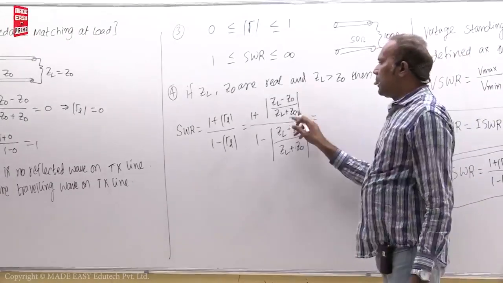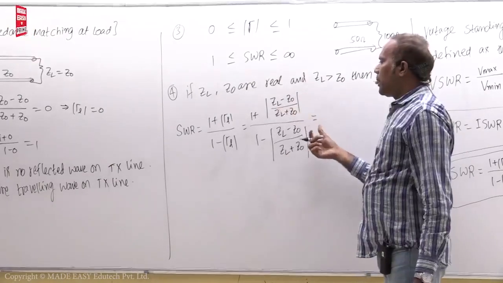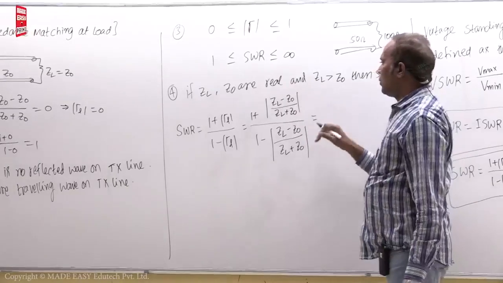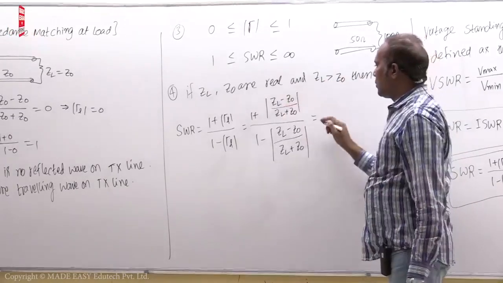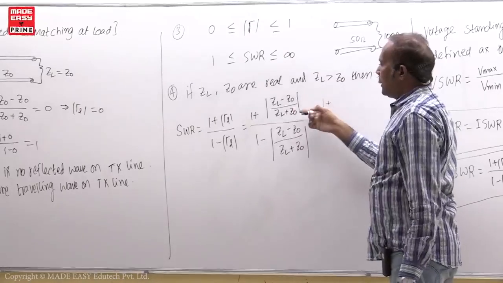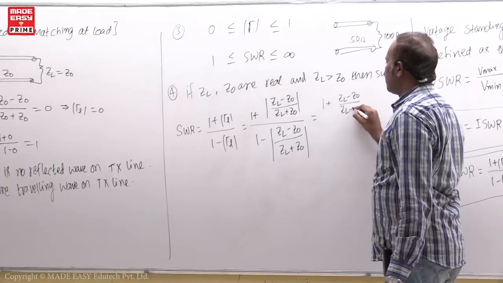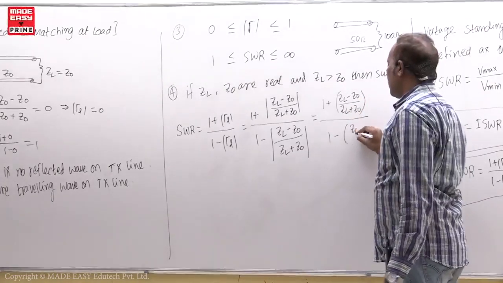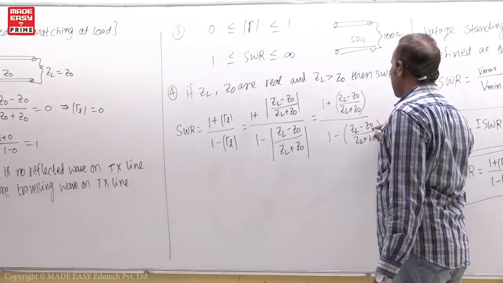If both are real, then it is not a complex number. So if you remove the mod, that should not be a complex number and that should be positive. So ZL is greater than Z0. That means ZL minus Z0 is positive. So you remove the mod. So (ZL minus Z0) by (ZL plus Z0), 1 minus (ZL minus Z0) by (ZL plus Z0).